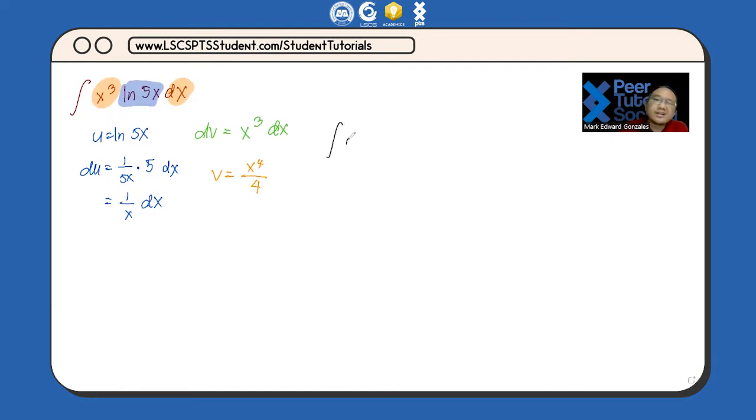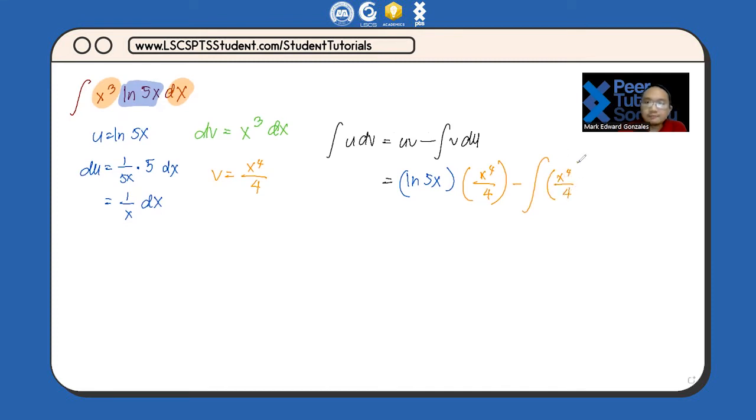Tongue twister. Integral of u dv is equal to uv minus the integral of v du. u is equal to ln 5x. v is equal to x raised to 4 over 4. Then we perform a subtraction, color coding in order to make the solution clearer and more visual. du is equal to 1 over x dx.